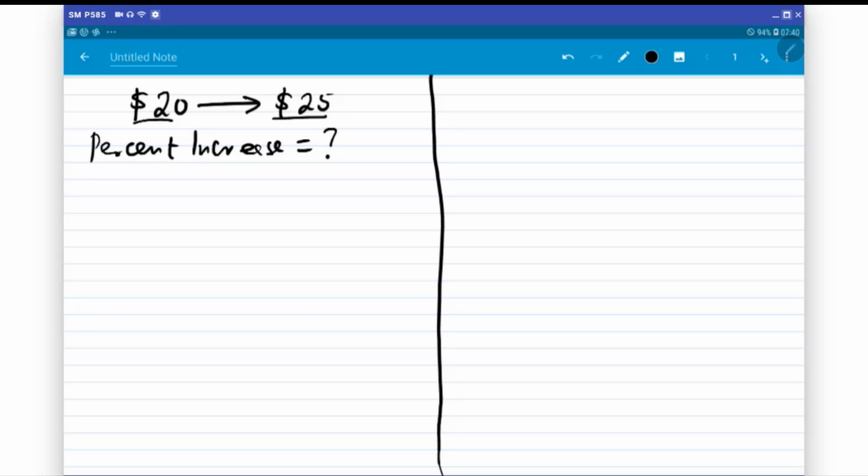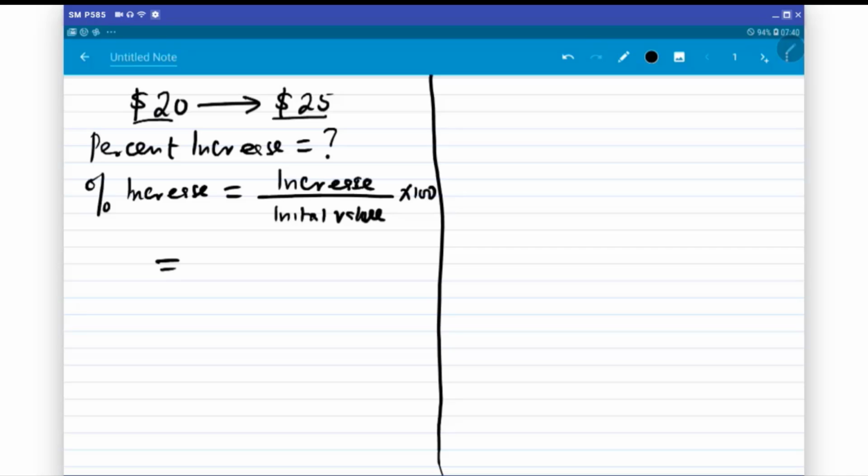As you know, our percent increase will be equal to the increase divided by the initial value, times 100. So what is the increase? As you can see, the increase will be 25 minus 20.